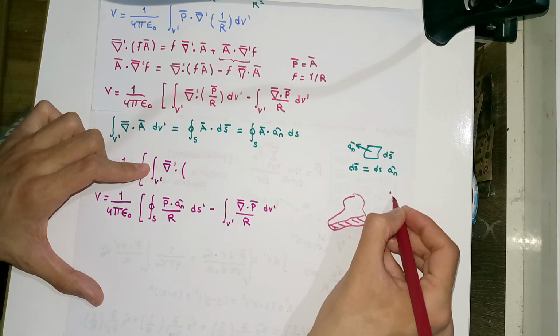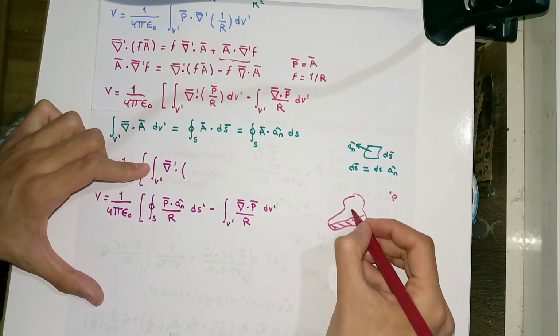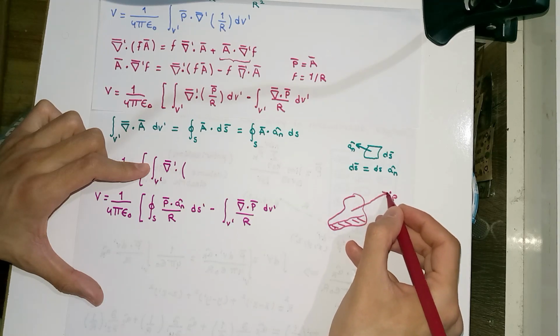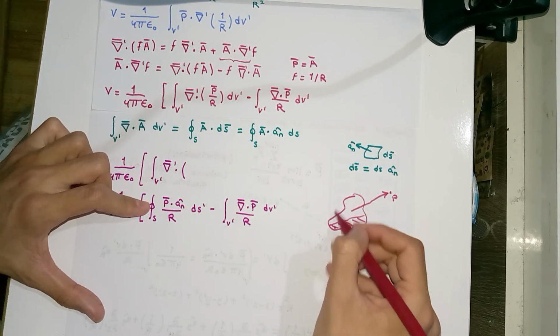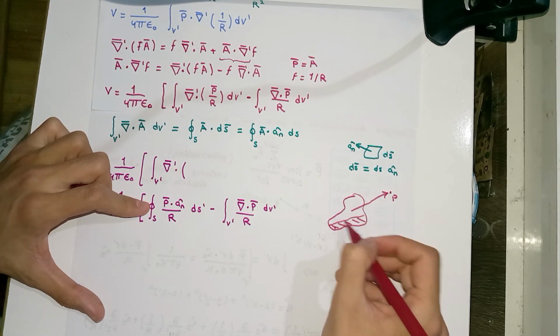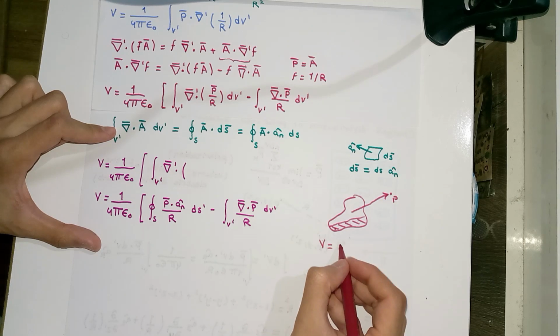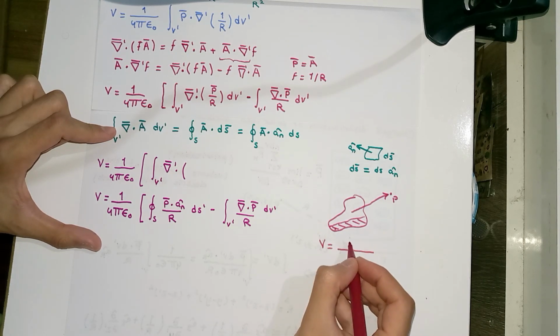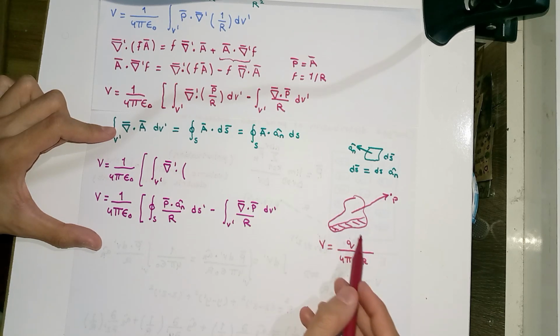For example, to find the potential at some point P due to this continuous distribution of charge through this whole volume, we can't use this form of the potential formula because we don't have a discrete distribution of charges.